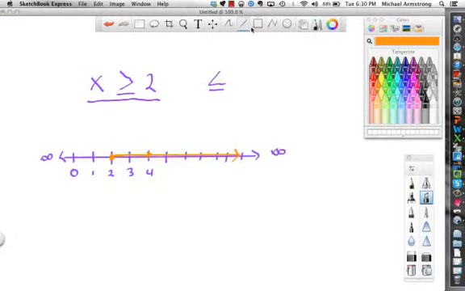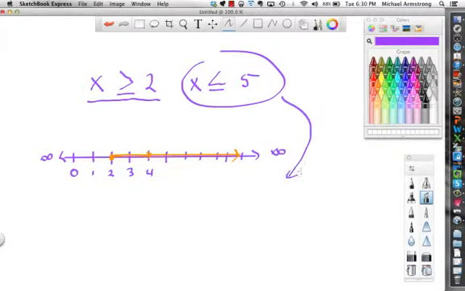Now if I were to rewrite, say that x is less than or equal to 5. Now this is a whole different one. We're going to have to look at another number line down here. And we're going to draw them again, but maybe we'll change the numbers up.